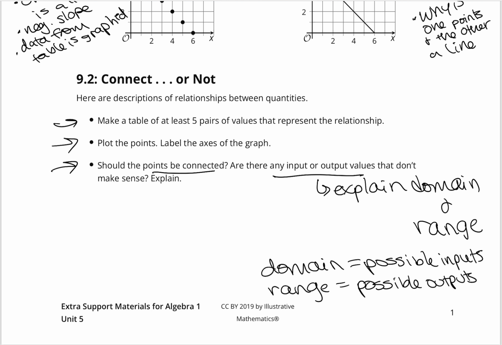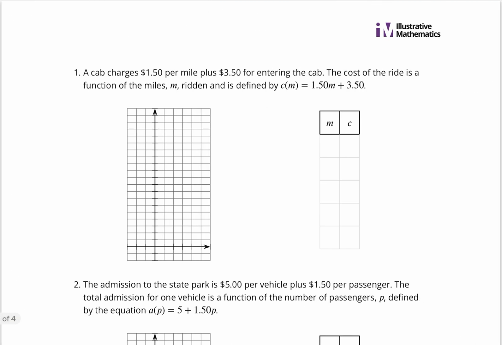Another way to think of it, because the input values are the independent variable, your domain represents possible inputs or possible values for the independent variable. The range represents possible values for the dependent variable. And then let me just label this one too. This is independent variable.